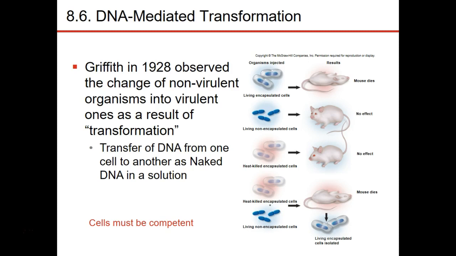You basically send electrical pulses through the solution, causing the cell wall to break apart a little bit, allowing them to take in the naked DNA that has leaked out of the dead cells. And then the DNA gets into the new cells, the cell wall will repair itself, and the bacteria will now have these new characteristics that will be transformed.